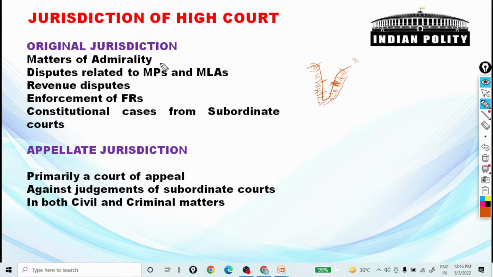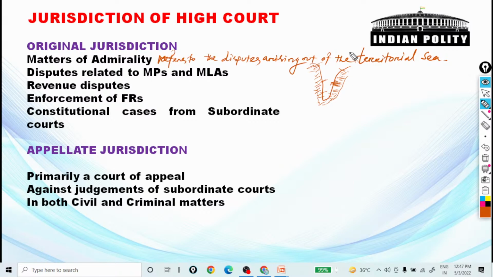So any matter of admiralty refers to disputes arising out of the territorial water or territorial sea. It is not the assignment of the Supreme Court, rather it is the assignment of the High Courts to deal with any matter related to cases of admiralty.